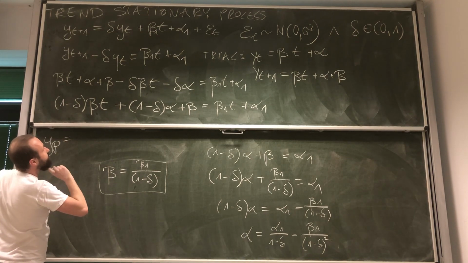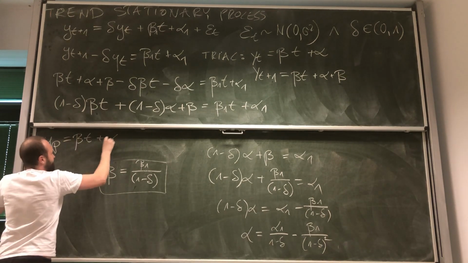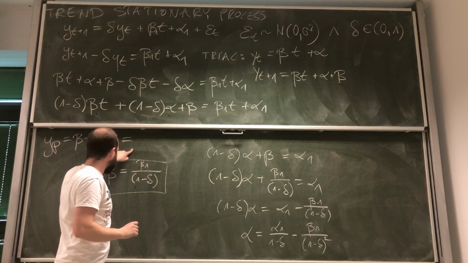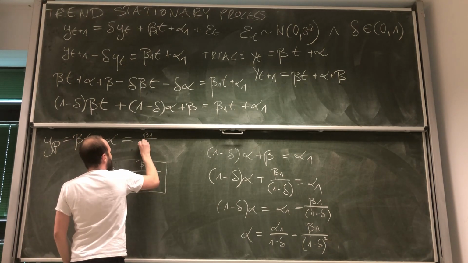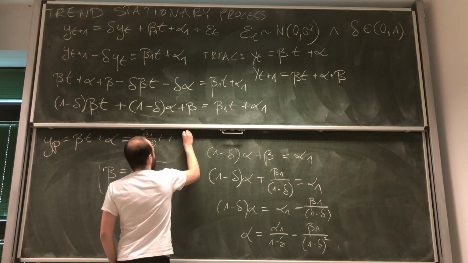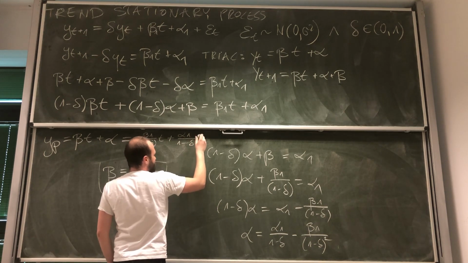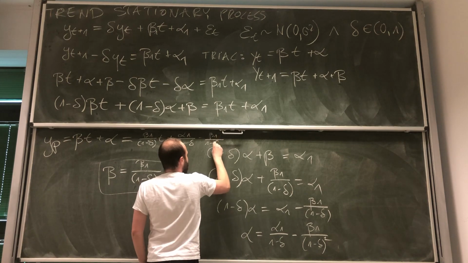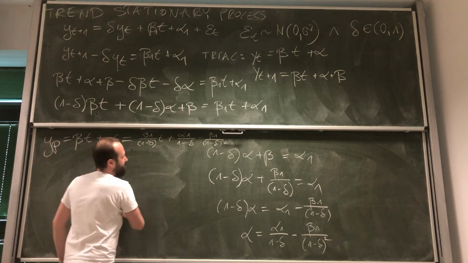This is equal to beta times t plus alpha, or simply beta_1 over 1 minus delta times t plus alpha_1 over 1 minus delta minus beta_1 over 1 minus delta squared. Okay.